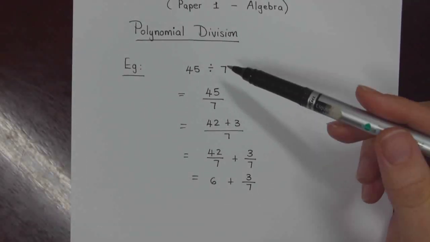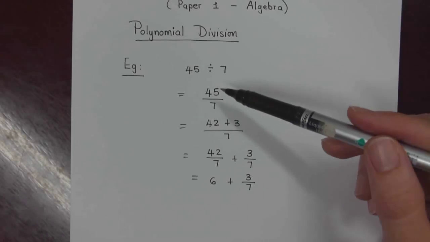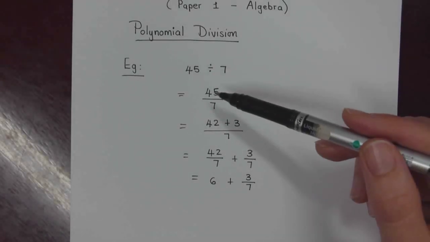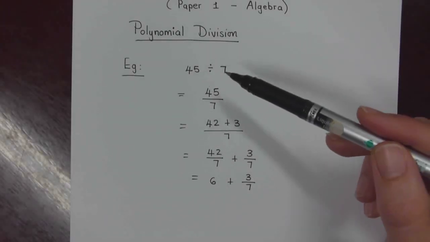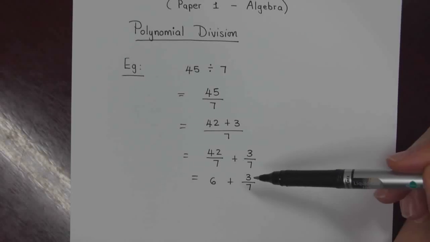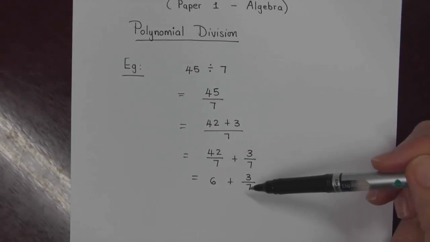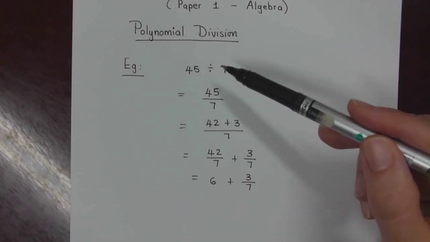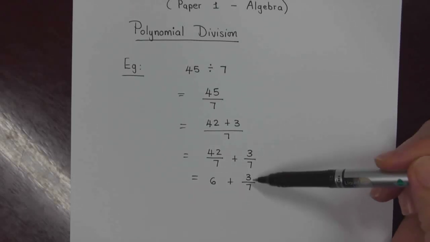So this is just to remind you that before you had that whole idea of dividing and getting decimals, in primary school you said 45 divided by 7 is 6 remainder 3. What I've got here is the fact that there are 6 multiples of 7 in that 45, but then there's 3 that is not a multiple of 7, so that's going to be my remainder.